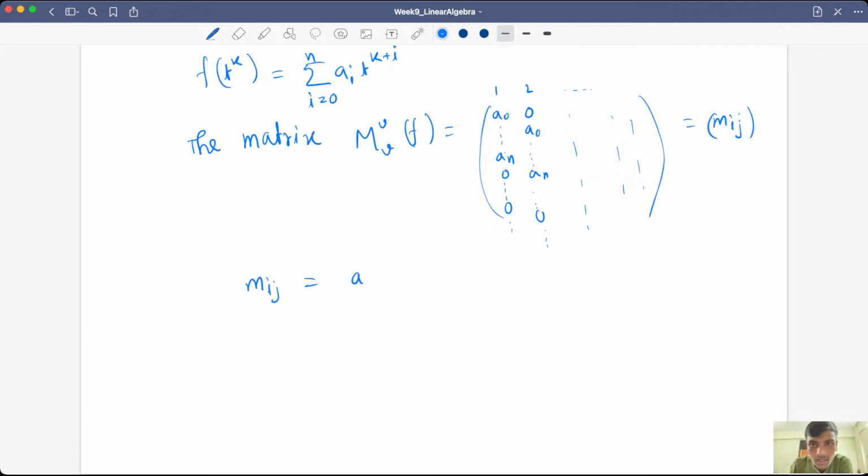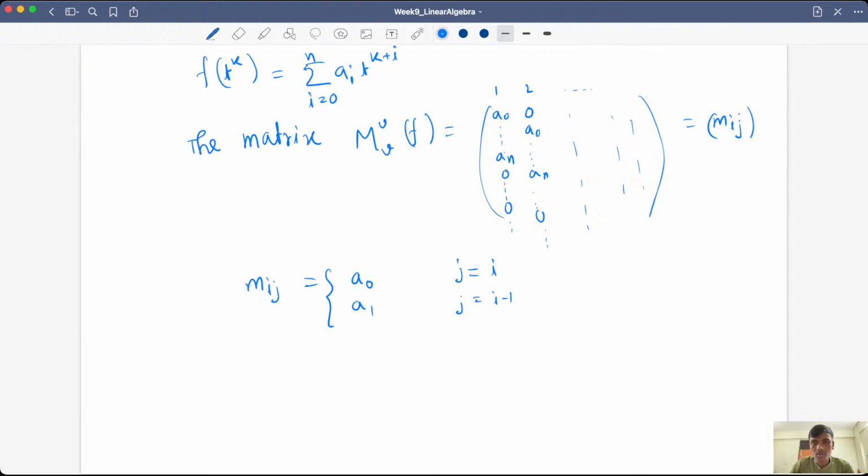So I should write it as, for the jth column, if j equal to i, then this is a_0. It is a_1 when j is i minus 1.